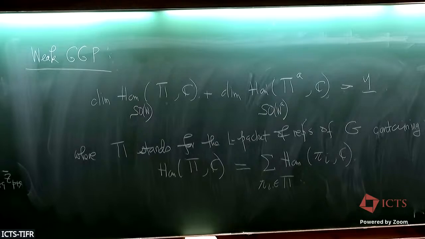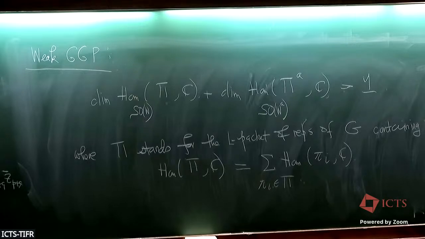So once you know refined local Langlands, the only thing to do is to come up with an intelligent character on the component group, and that's not too bad. But it involves arithmetic invariants.